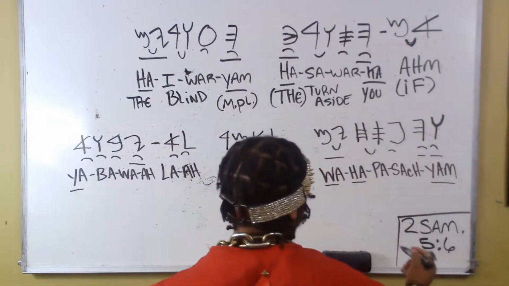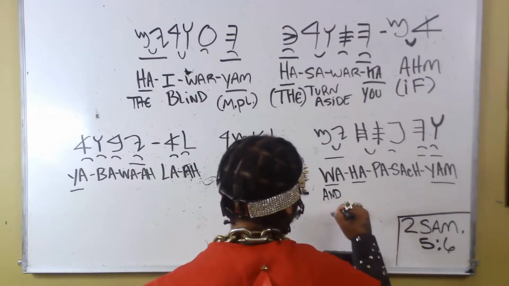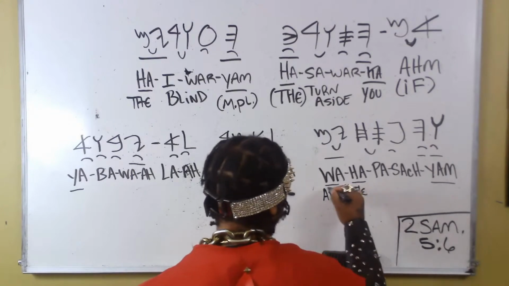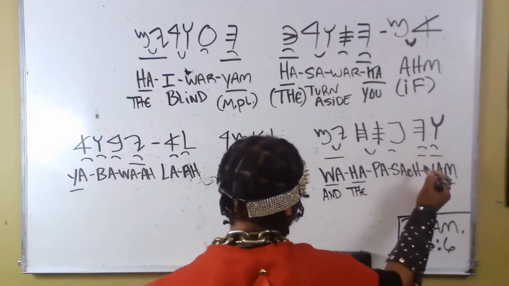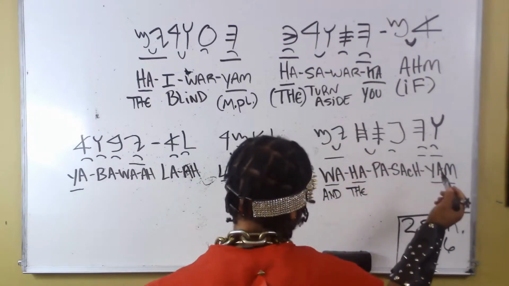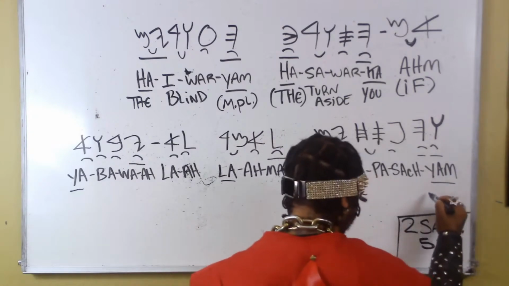Waha pasakim. Wa at the beginning of a root word means and. Ha at the beginning of a root word means the. Waha, and the. Pasak, we know, is Passover. And then yum is masculine plural.